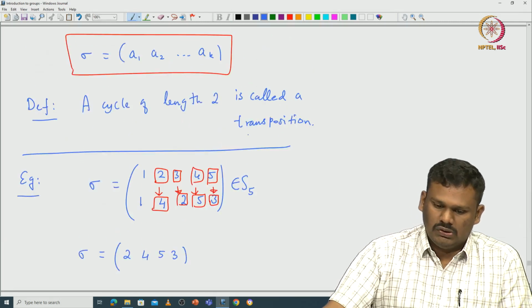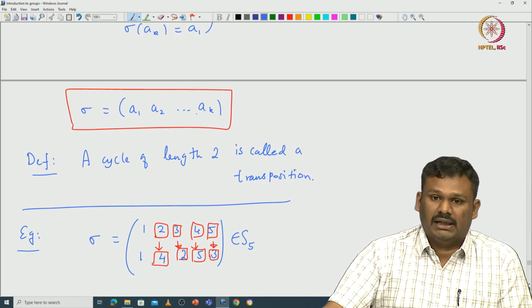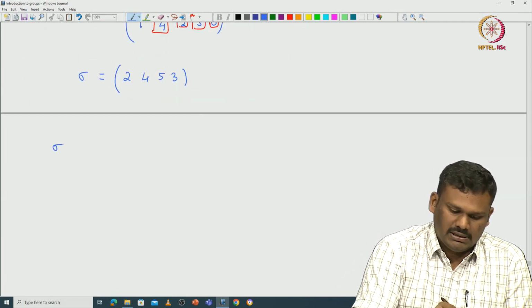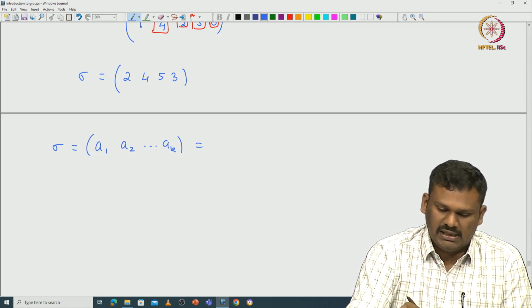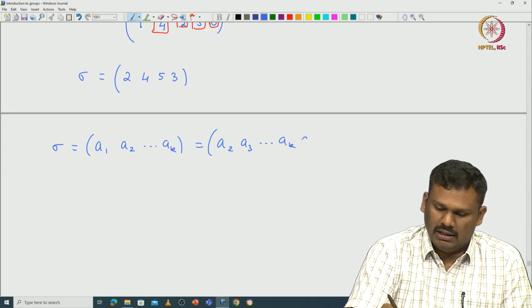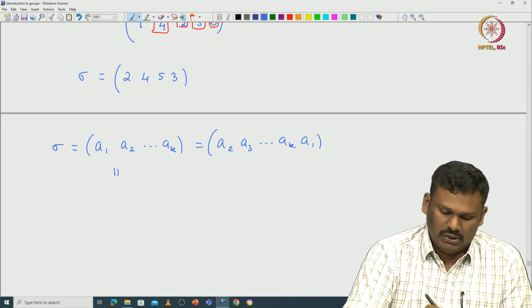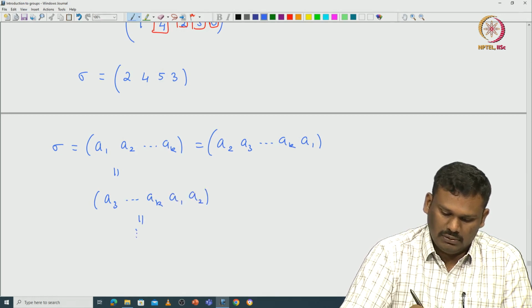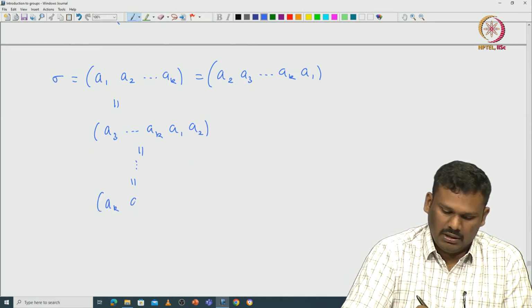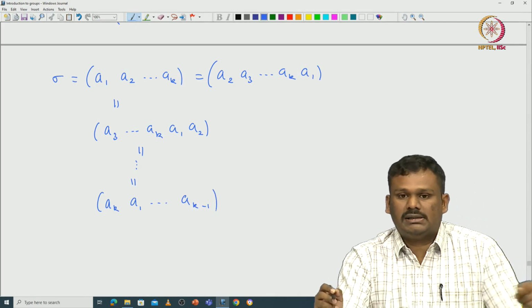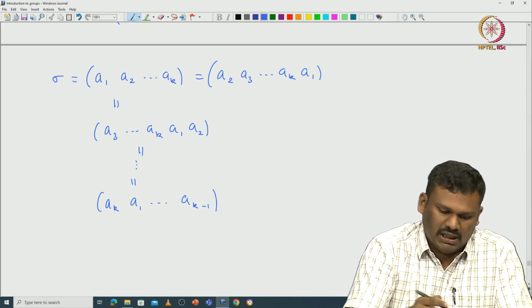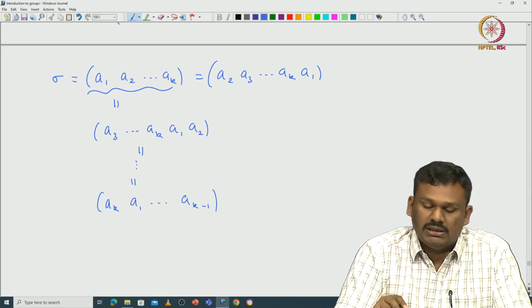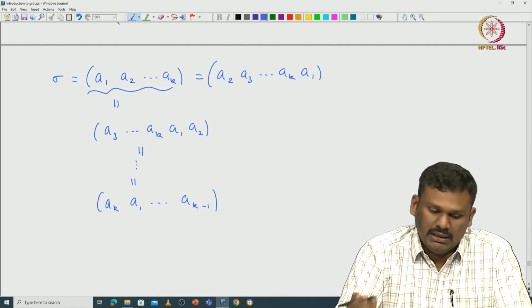Now it is not hard to see, because sigma permutes A1 through AK cyclically, that if you take a cycle of length k and denote it by (A1 A2 ... AK), using the same cycle notation this is the same as (A2 A3 ... AK A1), and you can cyclically permute them further, so it is the same as (A3 ... AK A1 A2) and so on, until finally you reach (AK A1 ... AK-1). If you start with this particular one and obtain all the other cyclic permutations by cyclically permuting those indices, we get the same sigma.